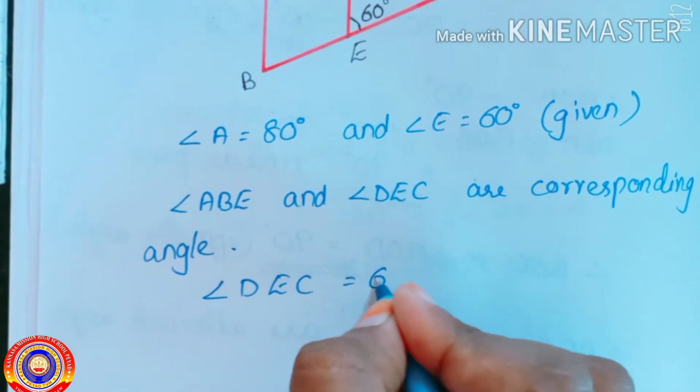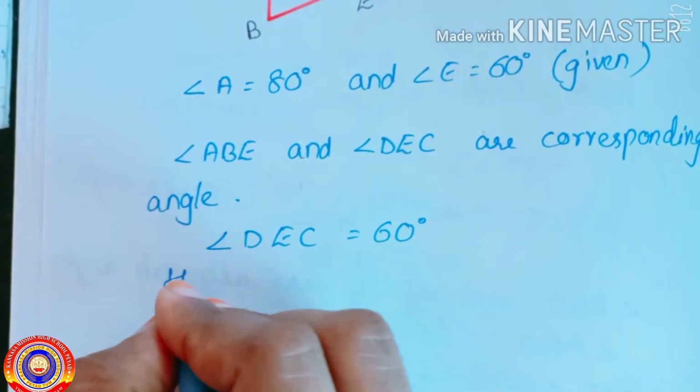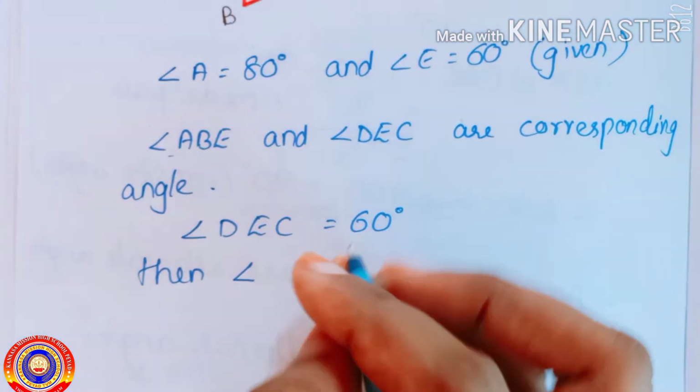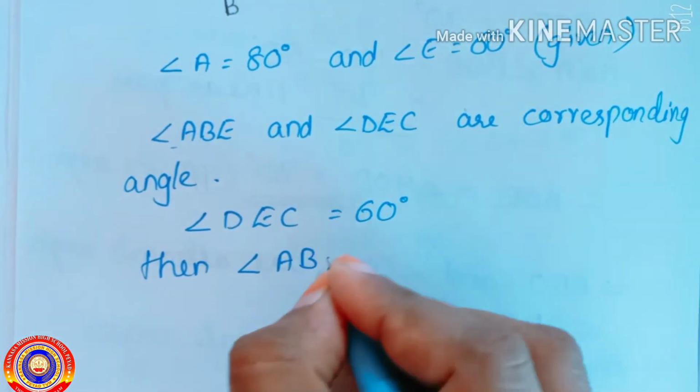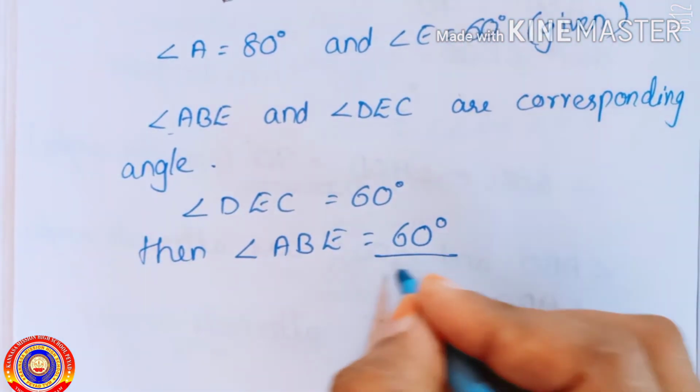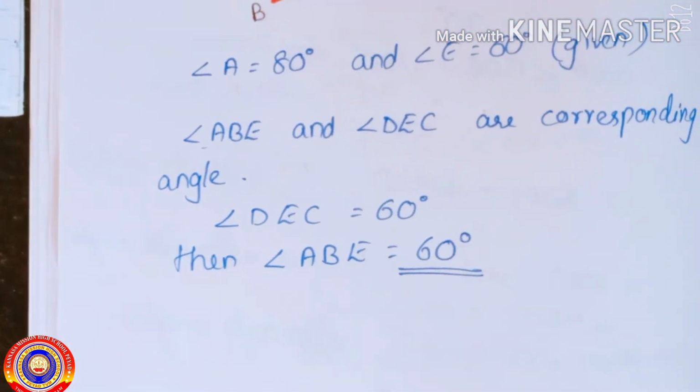That is, angle DEC is 60 degrees. Then the corresponding angle, angle ABE, is also 60 degrees. The pairs of corresponding angles are equal.